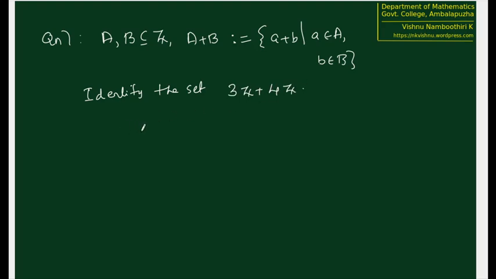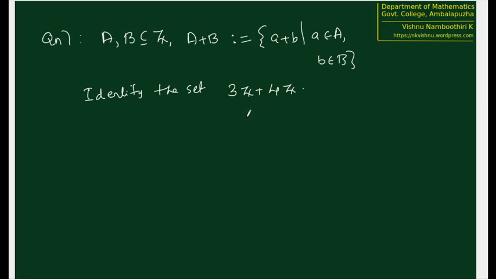According to our definition, 3Z plus 4Z consists of elements of the form a plus b, where a is coming from 3Z and b is coming from 4Z. So we have to identify exactly what elements are going to be there in this set.